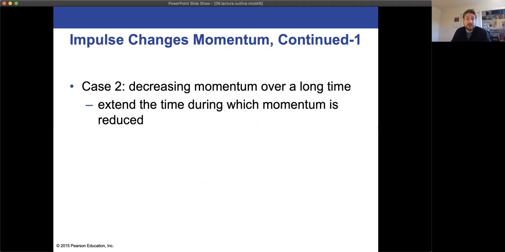We might also be interested in lengthening the duration over which we reduce the momentum. We're not trying to get the golf ball to go farther by changing its motion more. Maybe we've got a runaway car. We hit a patch of ice or something.